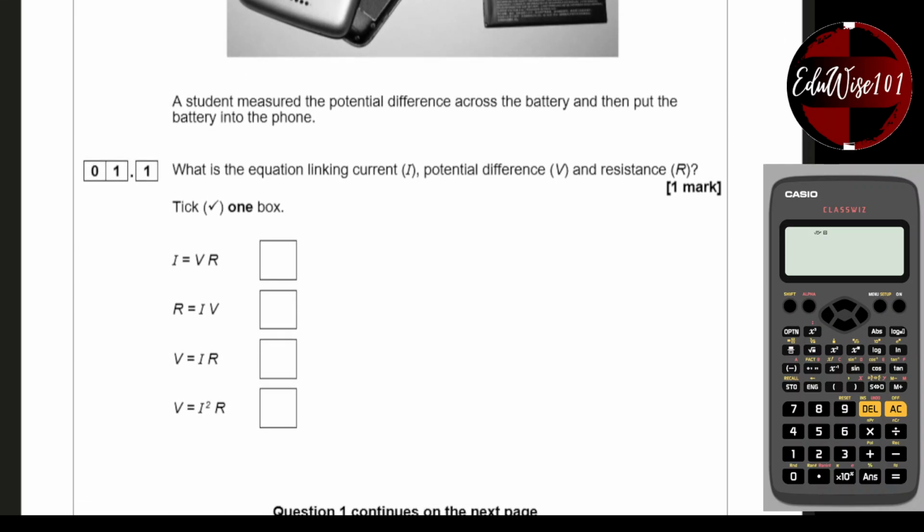Tick one box. So the equation that links current, potential difference, and resistance is V equals IR. If you look in the equation sheet, you should find this equation, where potential difference equals the current multiplied by the resistance.